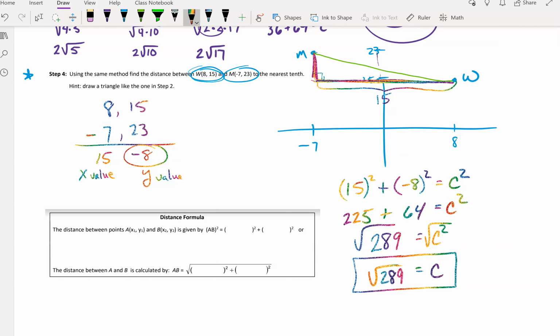Okay? So when we talk about the distance formula, basically this is what we have. Here's a little box for notes.